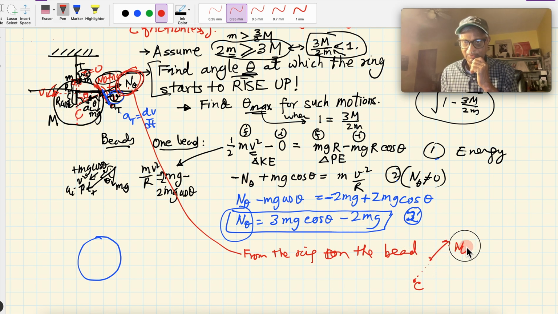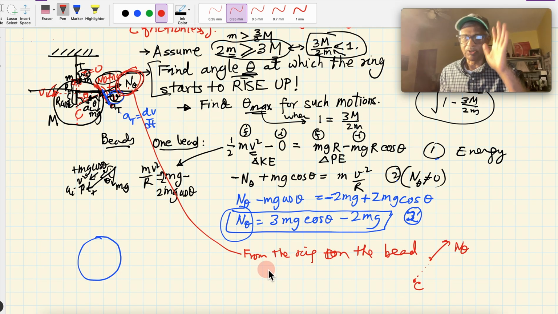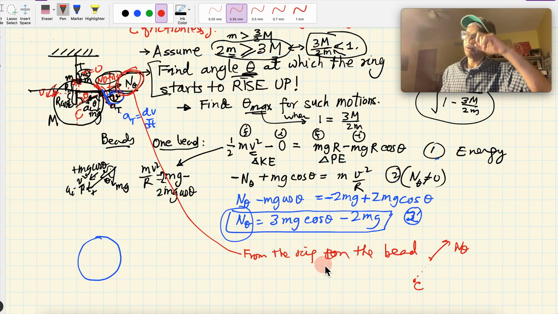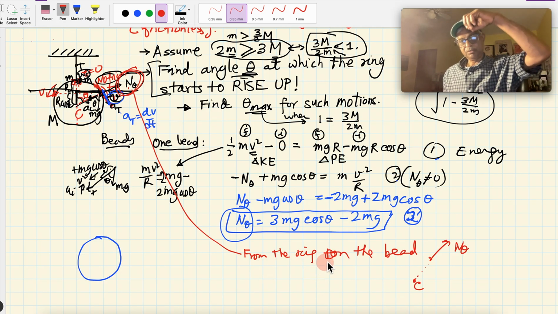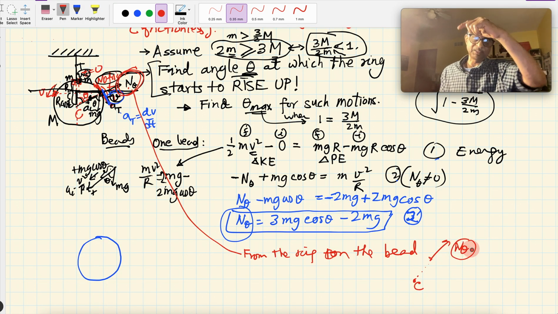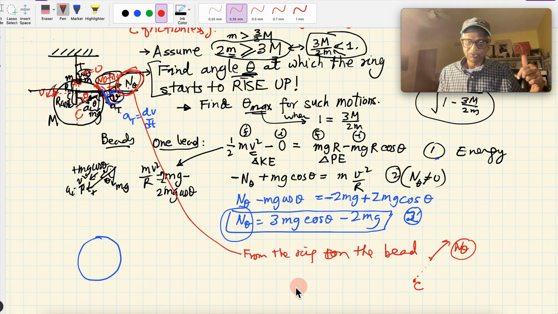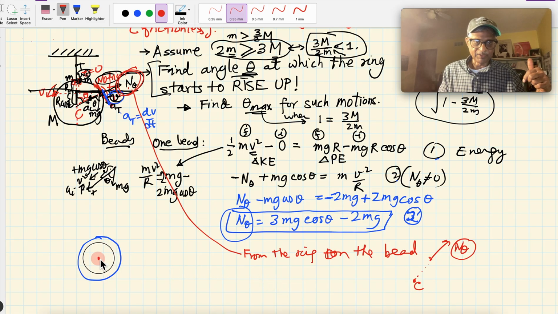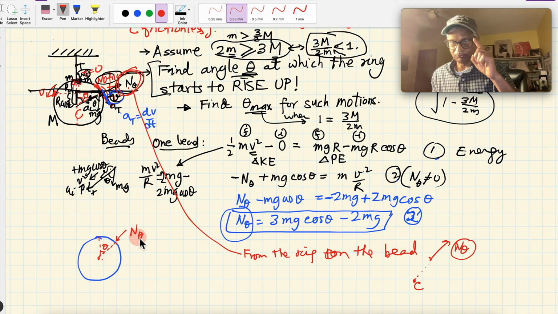This N theta. Now, the third law says the bead will push on the ring with the same amount of force but in the opposite direction. So if the bead was here and that's the theta, it will push with N theta. So this is one force on the ring.